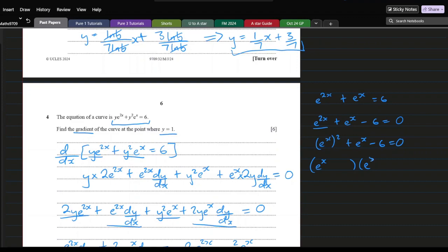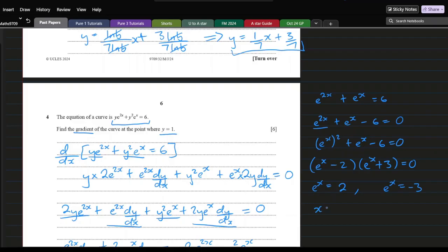That's (e to the x plus 3)(e to the x minus 2). We need factors of negative 6 that add up to 1, so positive 3 and a negative 2. 3 minus 2 gives us 1. So that means e to the x can be either 2, or e to the x can be negative 3. So let's apply the natural logarithm to solve for x.